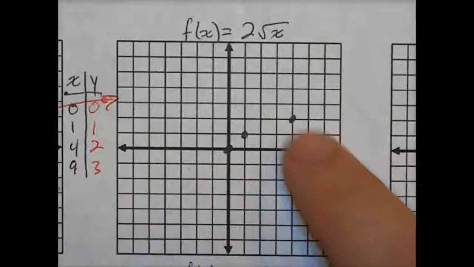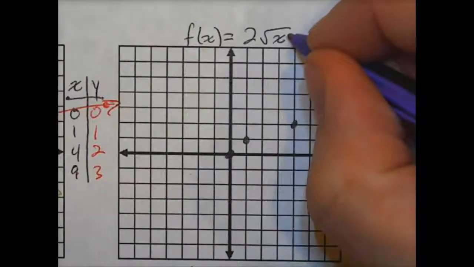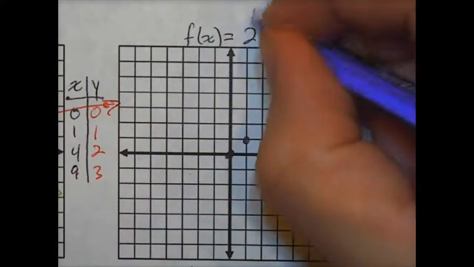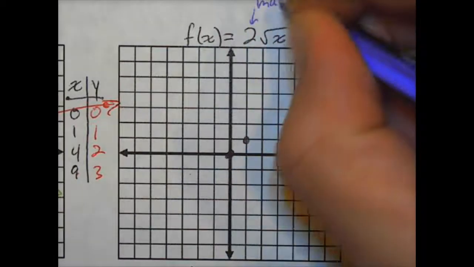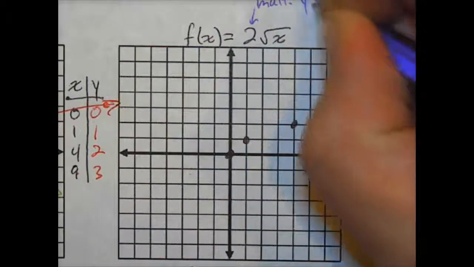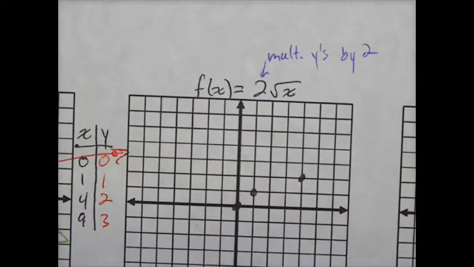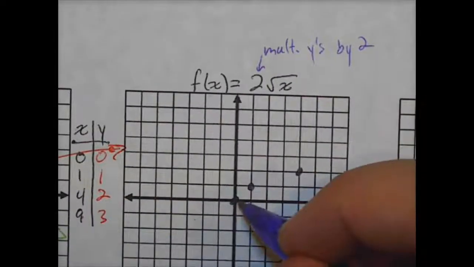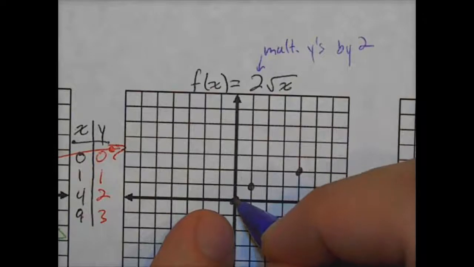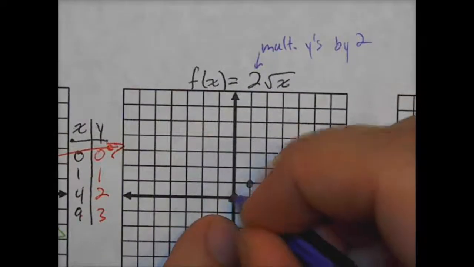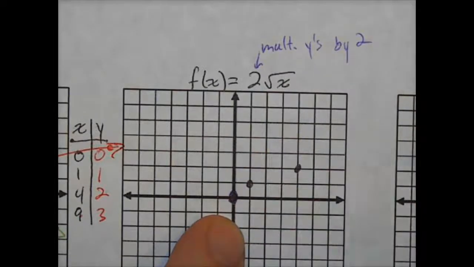Since this 2 is not with the x, I say that it multiplies our y values by 2. So if we go through that, the y value of this point right here is 0. 0 times 2 is 0, so that stays right where it is.